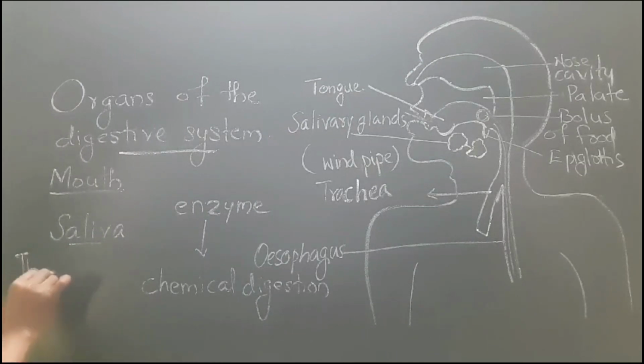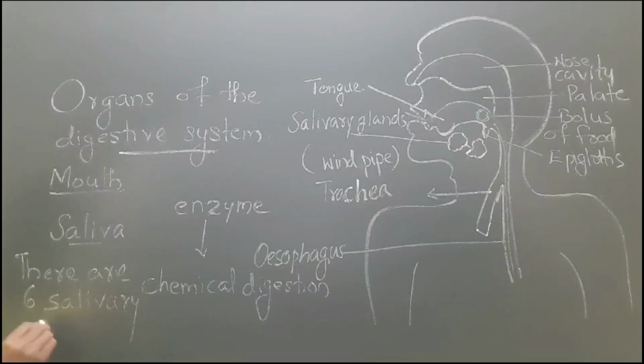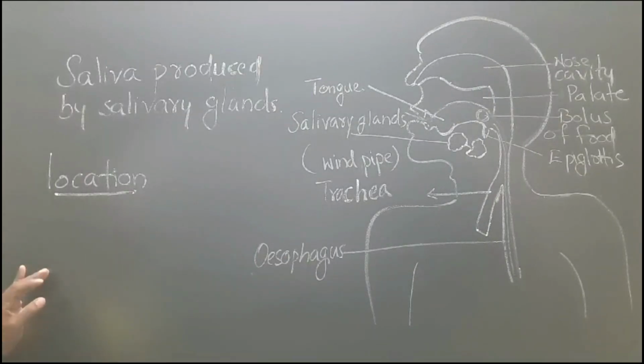There are 6 salivary glands. Now let's see the location of the salivary glands. We have 6 salivary glands, which produce saliva.